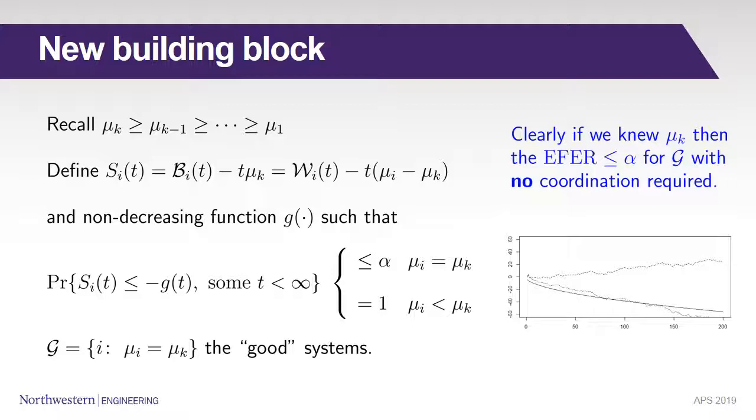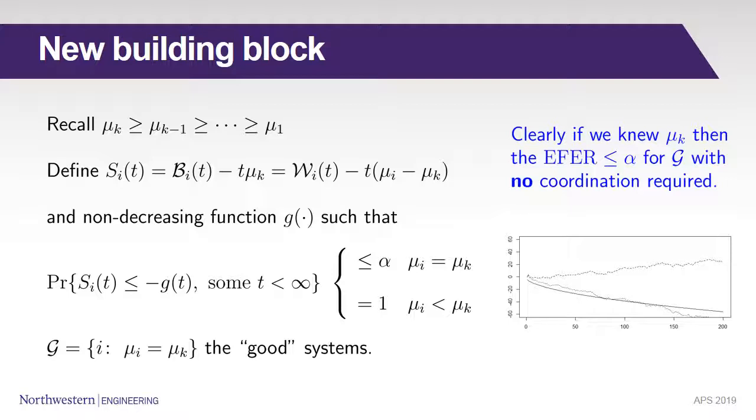We're going to monitor this process using a non-decreasing function g that has the following property. The probability that S sub I, our cumulative sum for system I, ever crosses minus g of t, that is, crosses in the negative direction, for any t less than infinity, is guaranteed to be less than or equal to alpha if system I is tied with the best system, and is guaranteed to be 1 if system I is one of the inferior systems.